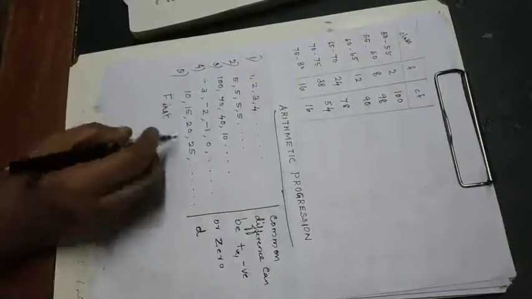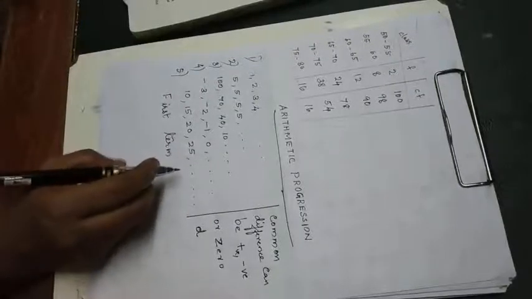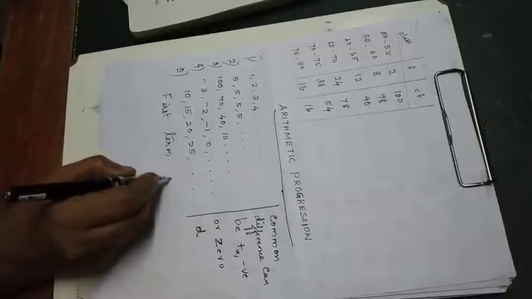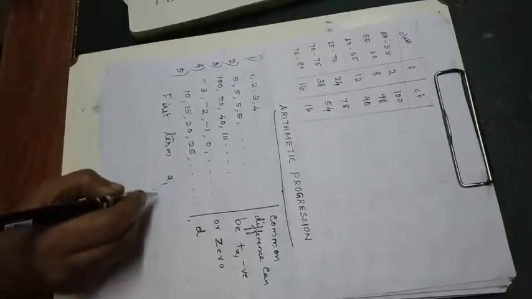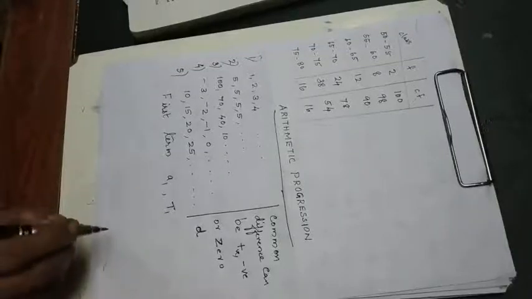Now look at this one. In the first one, 1, 2, 3, 4, we took the first term. The first term is 1. So the first term we are representing by A1 or term 1. In some books it will be written A1, in some books you can see T1.